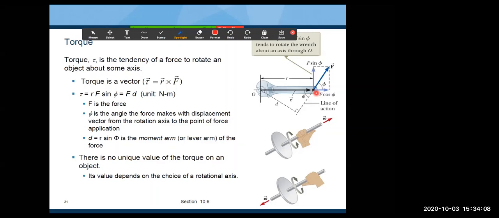So for the same turning motion, or same angular acceleration, if the distance between the force and the axis of rotation is longer, the turning effect would be greater. So the turning effect is related to the distance between the force and the axis of rotation. So that is the R.